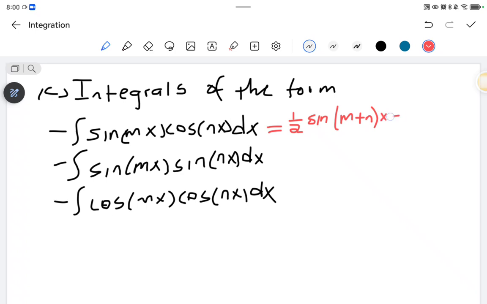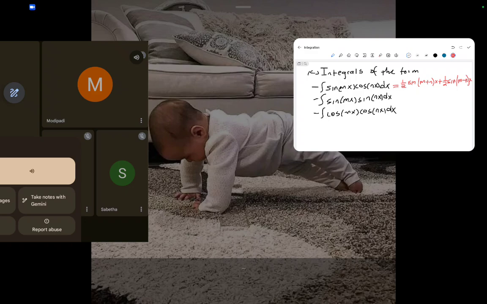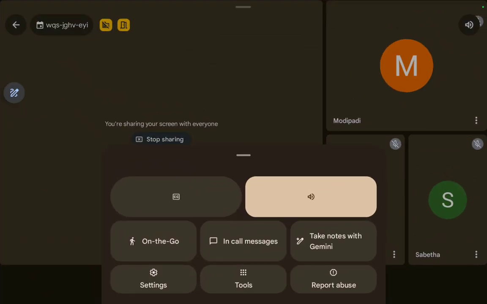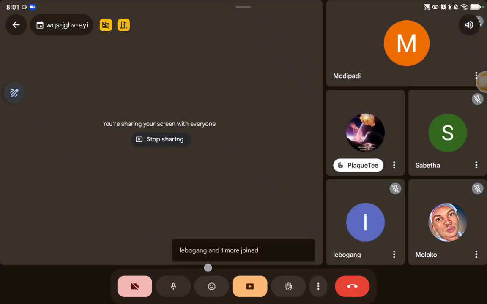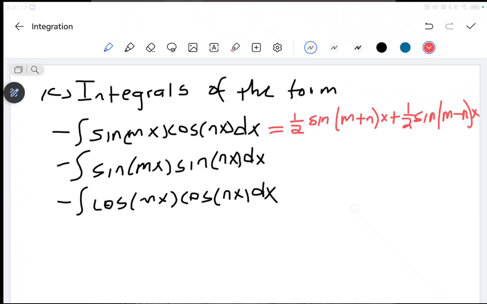And then we add 1 over 2 sine of (m minus n)x. So this is what is going to be yielded by sine mx cos nx.